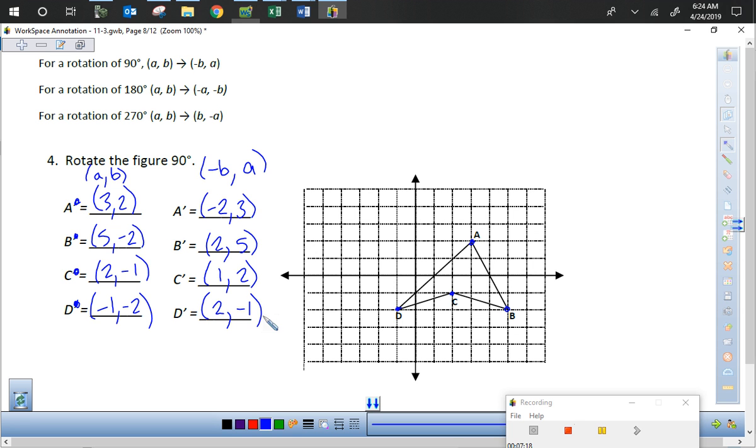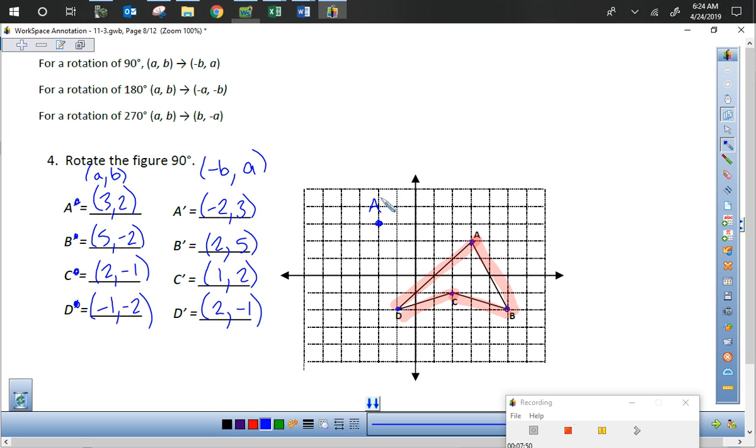So before we plot these points, I want you to stop and highlight the first one. Just like with our reflections and with our translations, sometimes our figures overlap, and it's going to be very difficult, especially when we have a lot of points, to figure out how to connect these if we don't have the first shape highlighted already. Okay. Now we can go ahead and plot those other points. Negative 2, 3 is to the left 2, up 3.